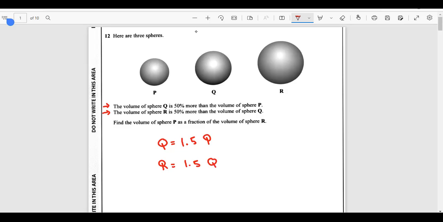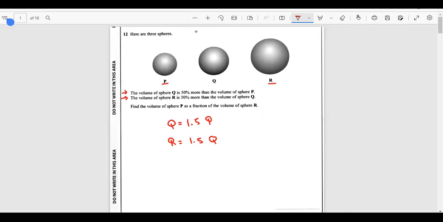And the question says, find the volume of sphere P as a fraction of the volume of sphere R. So we need to link R and P. That's simple. So for this, I am going to do it this way.